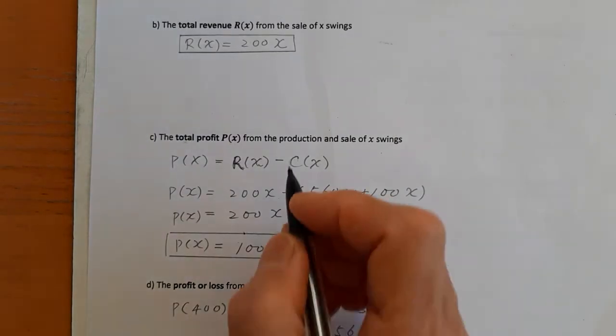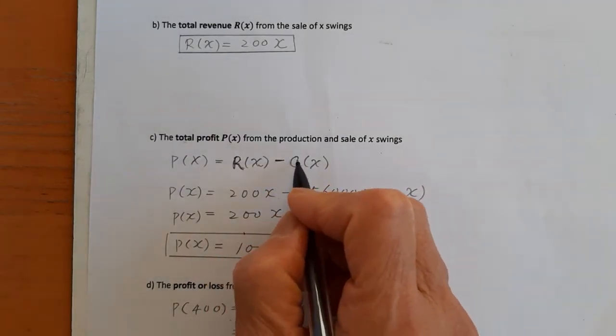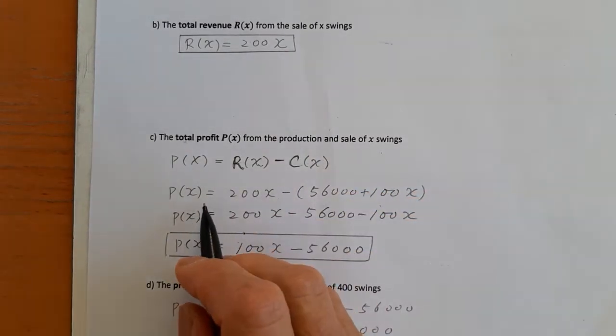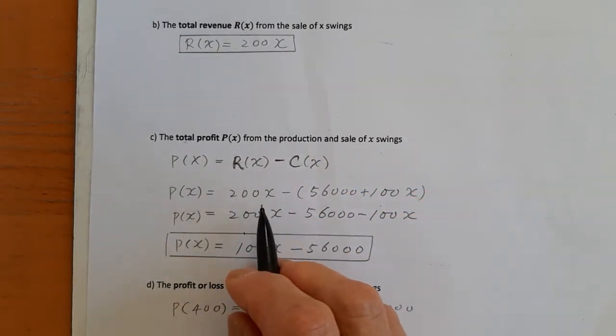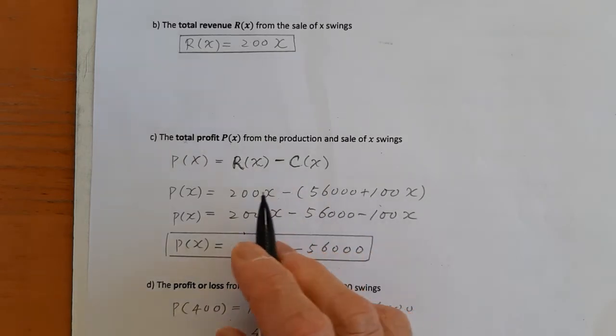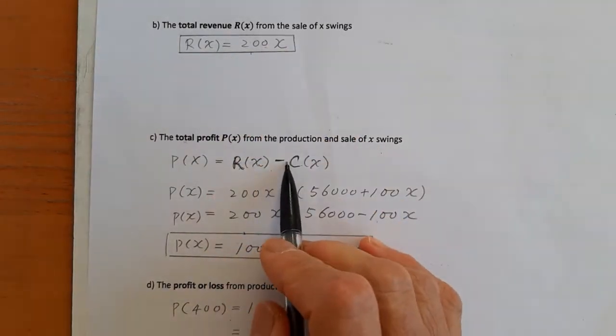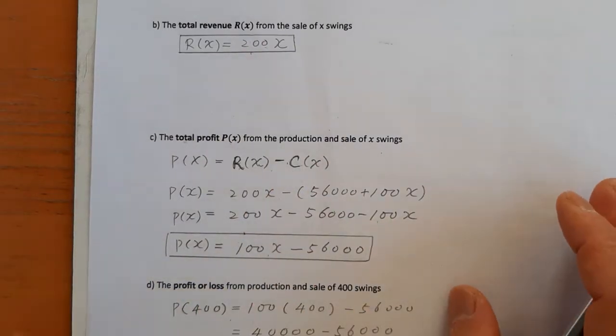But you have to subtract your cost, C of x, and then you get the profit, what you actually earn. So revenue is 200x minus cost.